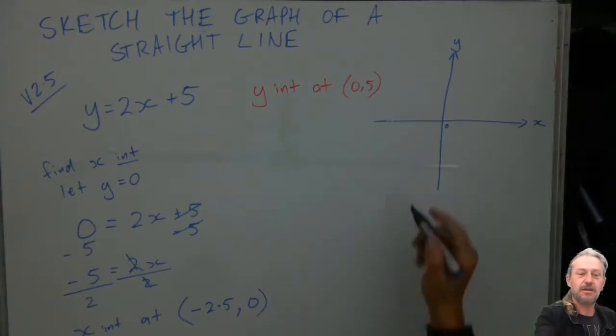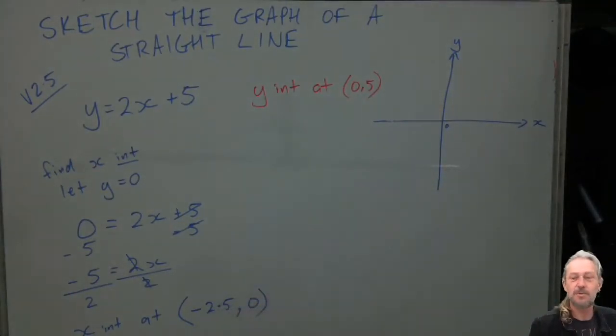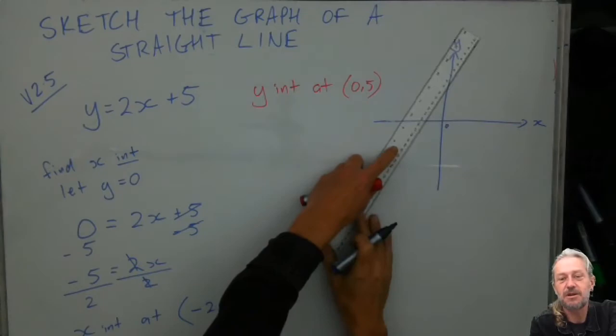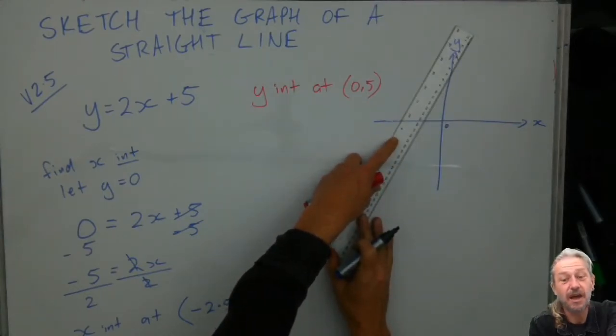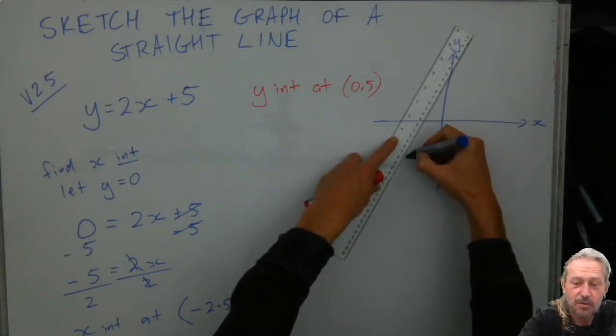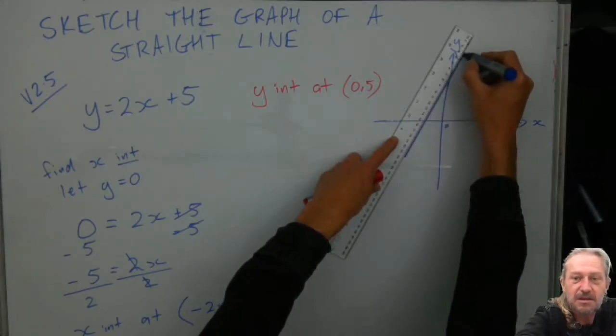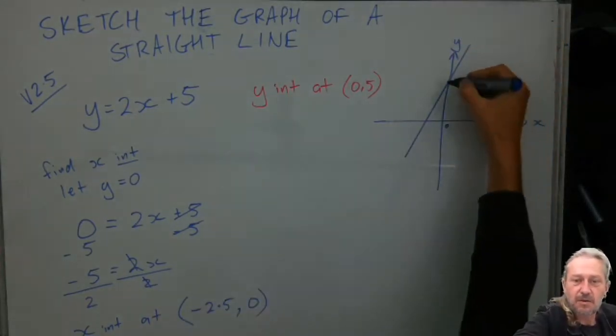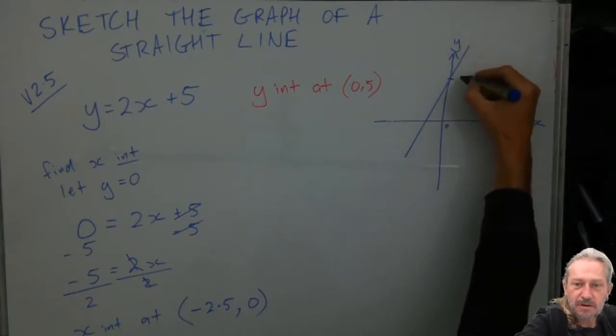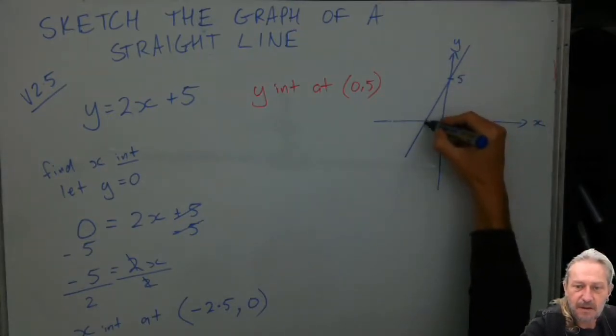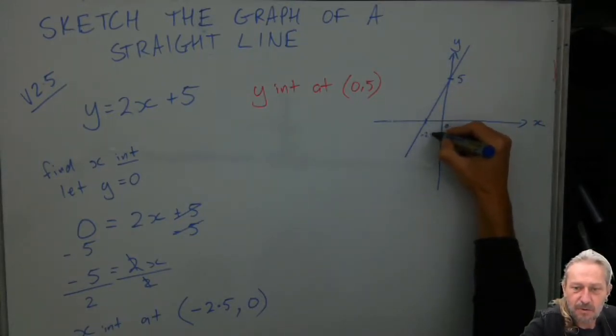Because I know that 5 is twice as big as 2.5, I'm going to do it like that. It doesn't have to be accurate as long as you label those intercepts. So I'm going to call that point 5 and that negative 2.5.